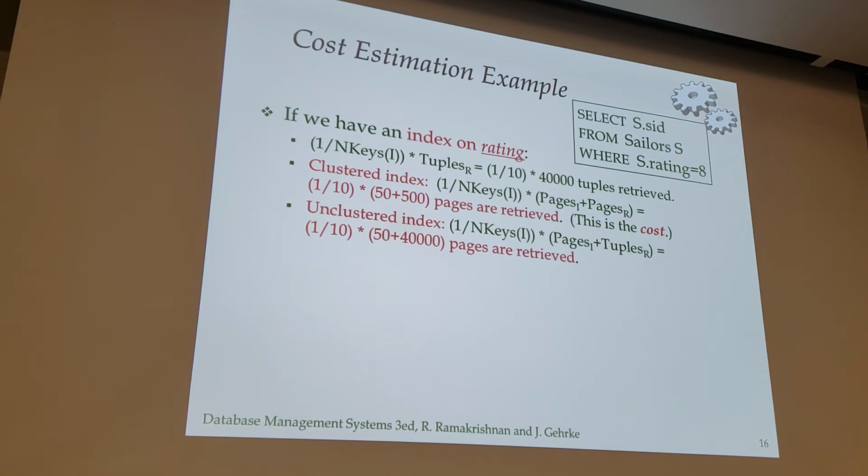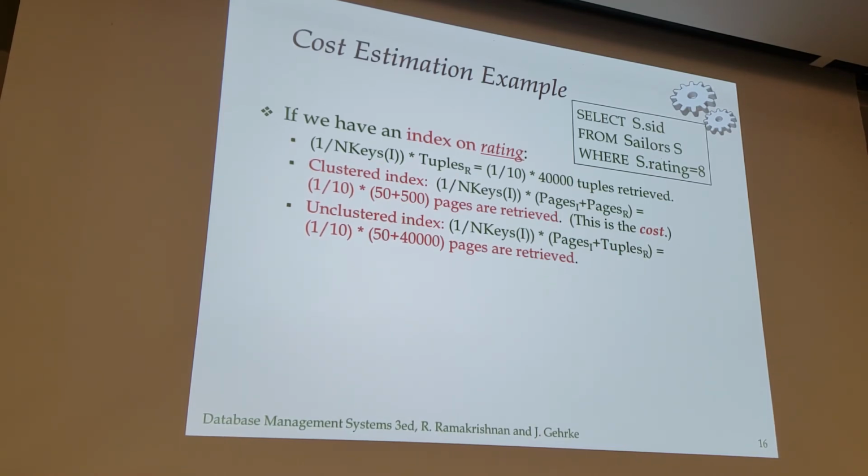But now for each of those, you're going to be doing a disk IO for each one of the tuples in the answer. How many tuples are there in the answer? Tuples of R divided by 10, right? So 1/10 of the index pages, and for each tuple in the answer, you're going to do a disk IO.